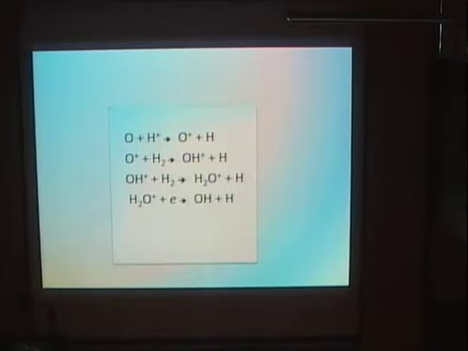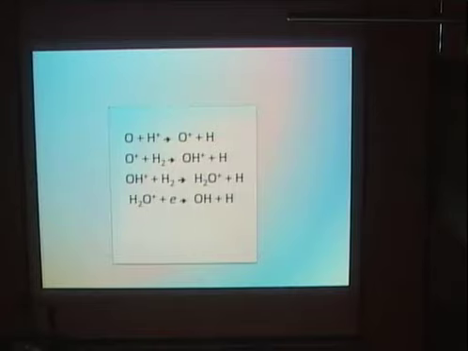The charge transfer drives the H plus to O plus. O plus reacts with a series of abstraction reactions with H2 to make OH plus, to make H2O plus, and also, as it happens, to make H3O plus. The sequence then terminates by dissociative recombination. I have here H2O plus an electron produces OH plus H.